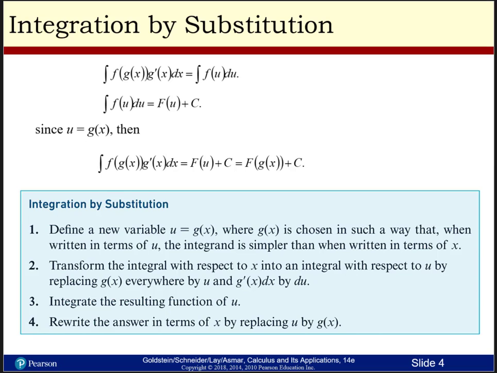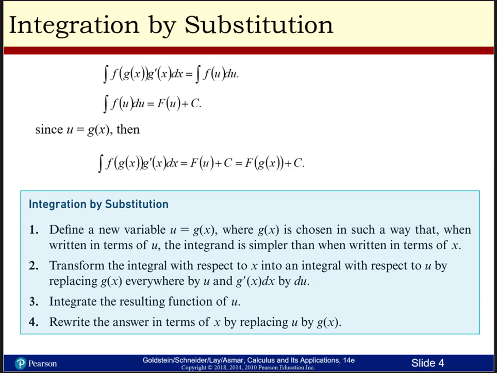So in doing integration by substitution, step 1, we're going to define a new variable. We get to pick what we want to substitute, and then we see if it'll work. It's just a way to make the integration easier. Sometimes you'll pick the wrong thing, and if you do, you just start over. So if you choose the wrong g of x, it's okay, just start over. So where g of x is chosen in such a way that when it's written in terms of u, the integrand is simpler than when it's written in terms of x, allowing us to integrate it.